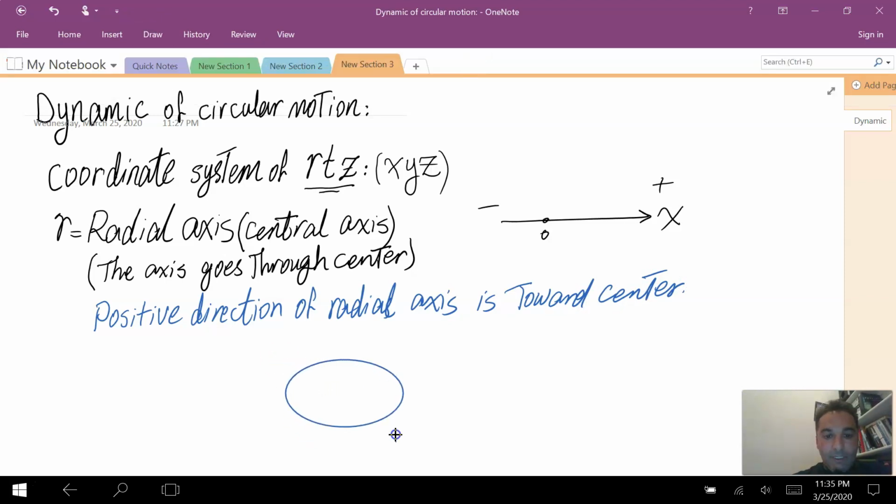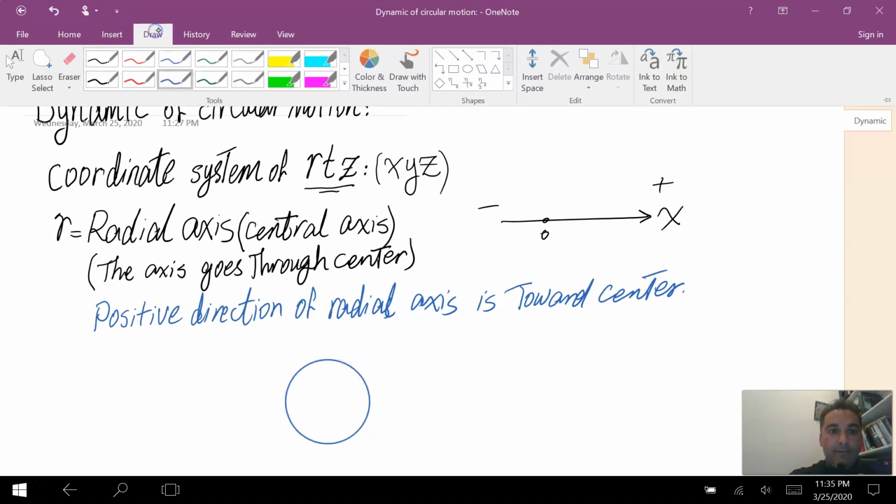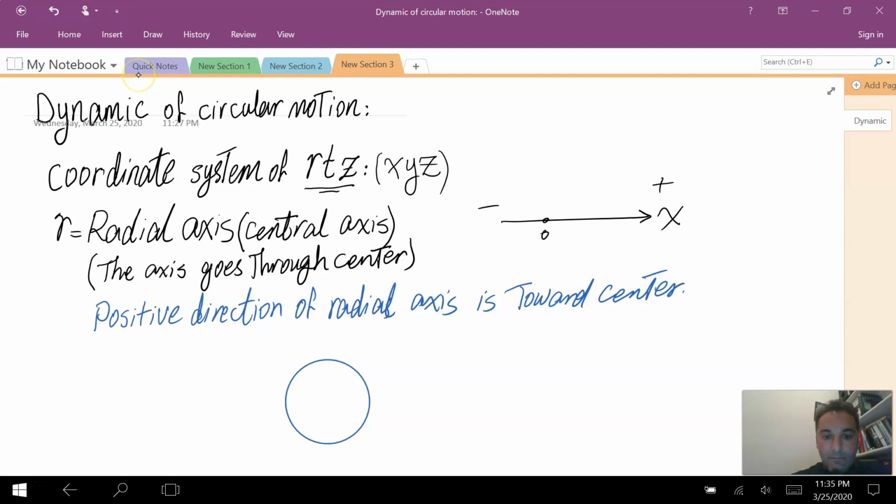Watch it. Imagine this is the circle, correct? This is the center. So you have to verify, first of all, the center of that rotation. And anything toward the center is the positive direction. Any force toward the center, which is centripetal force, is positive.